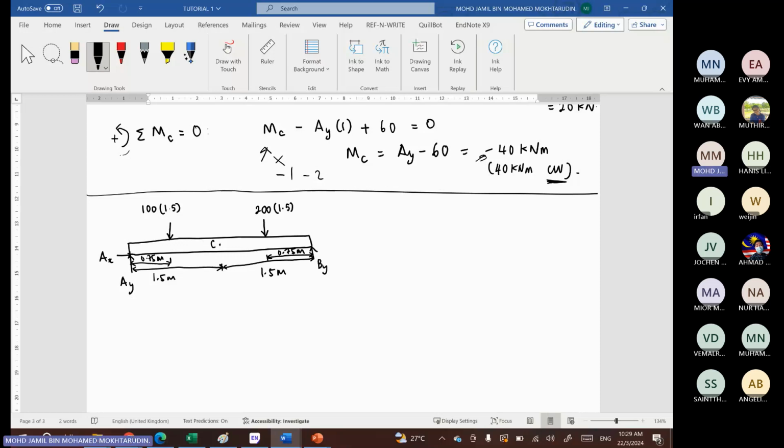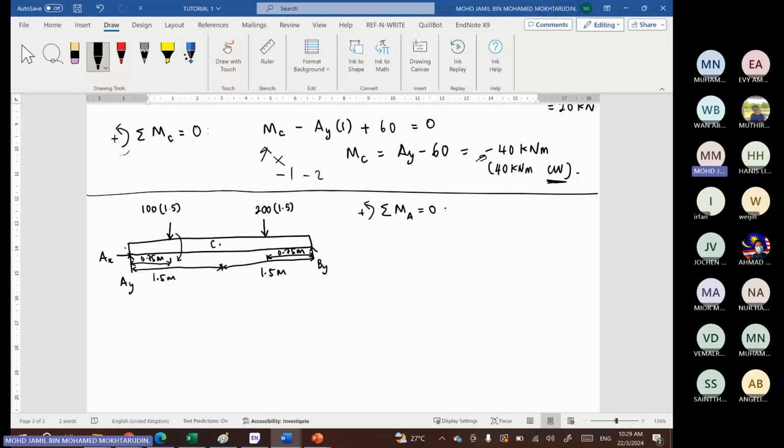So firstly, maybe we can use moment. Okay, so we can find moment at point A. Counterclockwise positive. So at point A, we have 100 times 1.5 times the distance 0.75, and this force will have a moment in clockwise direction.